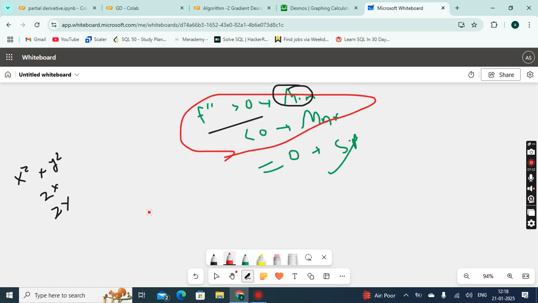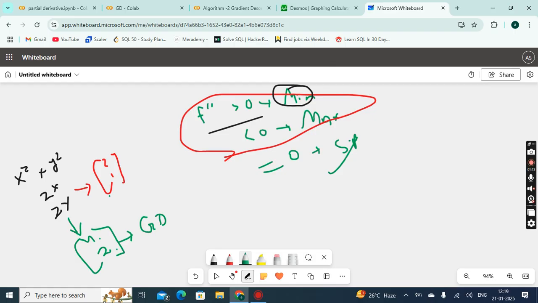Now, if I randomly put the values of x and y, let's say x is 2, y is 1, what am I going to get here? 2 into 2 is 4, 2 into 1 is 2. So what is this? This is known as the gradient, a collection of derivatives. Simple. Now I think that terminology, collection of derivatives, is also clear with you.